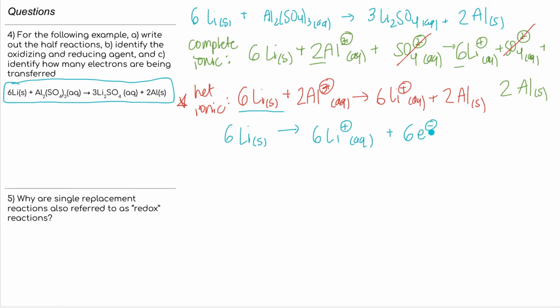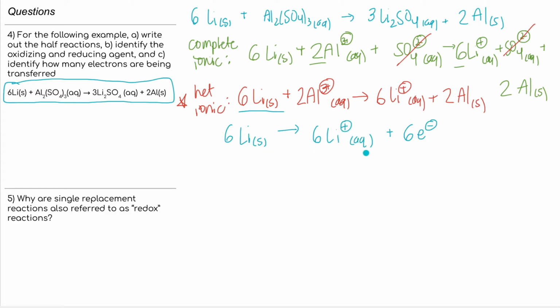Each electron has a -1 charge on the right side, because 6 negatives and 6 positives will cancel each other out to give us a total overall charge of 0, which matches a total overall charge of 0 on the left side.